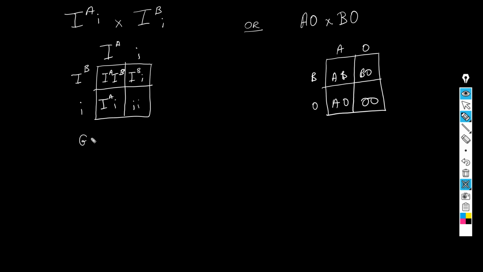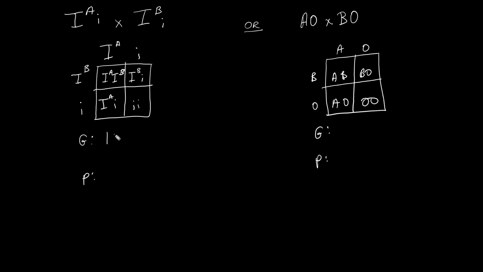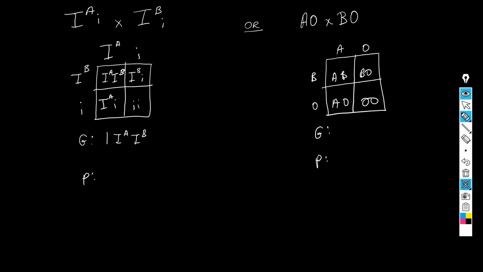So I'm going to look at my genotypes and phenotypes for each one. Over here on the left, I would say that I have 1 capital I^A capital I^B, for every 1 capital I^B lowercase i, for every 1 capital I^A lowercase i, for every 1 lowercase i lowercase i.